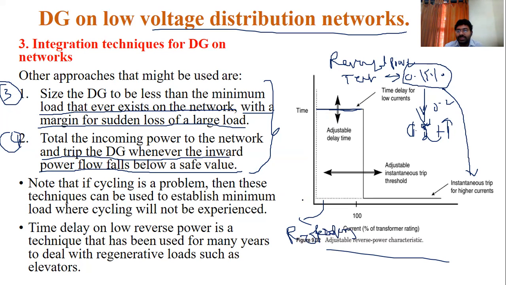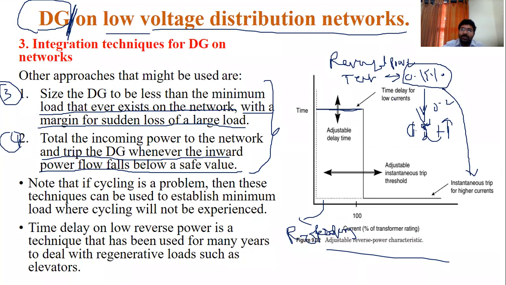But because of this low operating sensitivity and operating time, what will happen? Small changes in the DC current levels in the spot network can quickly operate the relay, which may isolate the DC every time. This may be the problem. So that's why you are adjusting the relay time to operate, adding some delay.